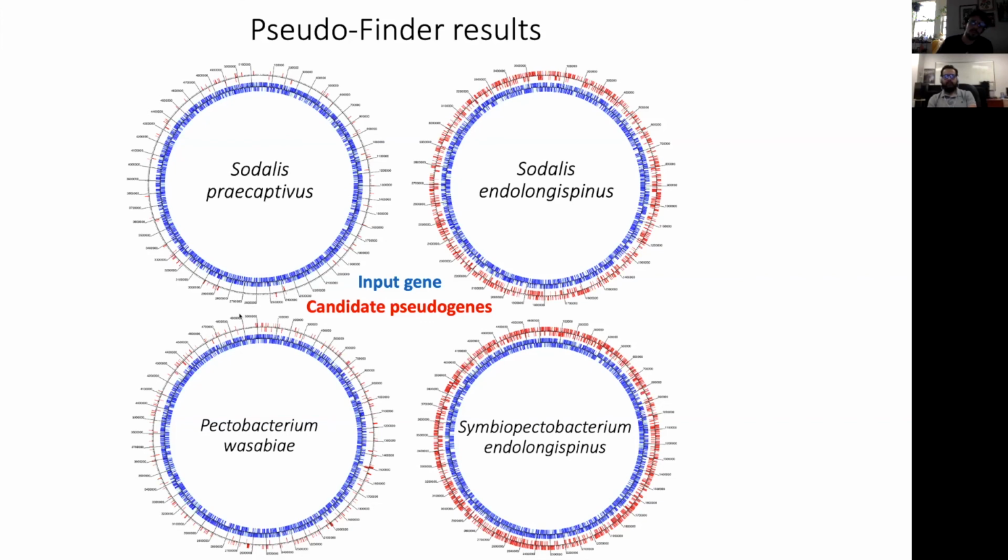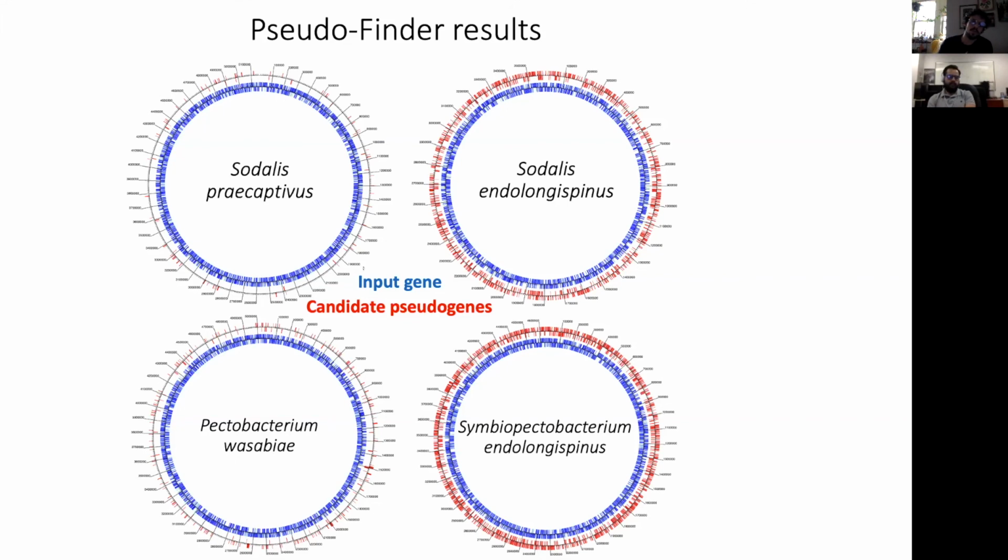Bacteria aren't really known to have more than 10%. 10% is actually pretty high, but I think one of the reviews that I read stated 1 to 10% of bacterial genomes are pseudogenes.